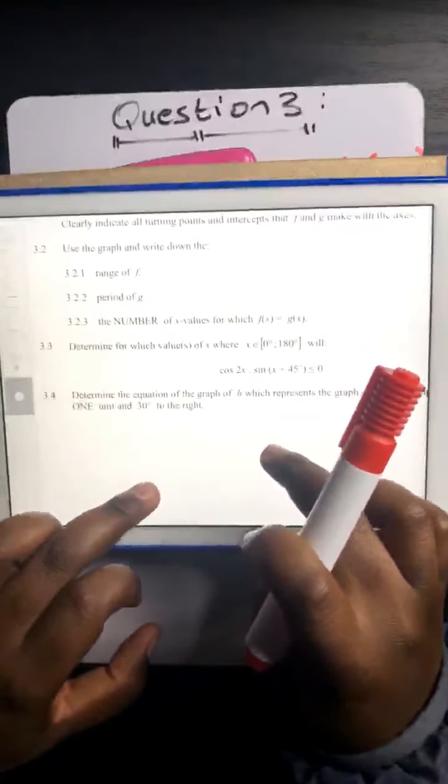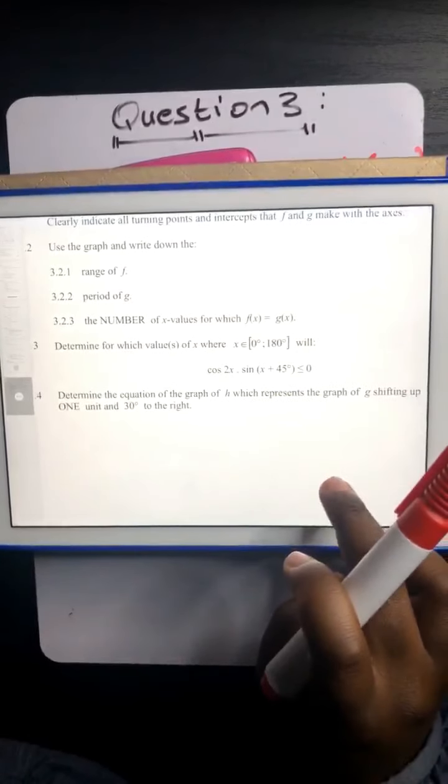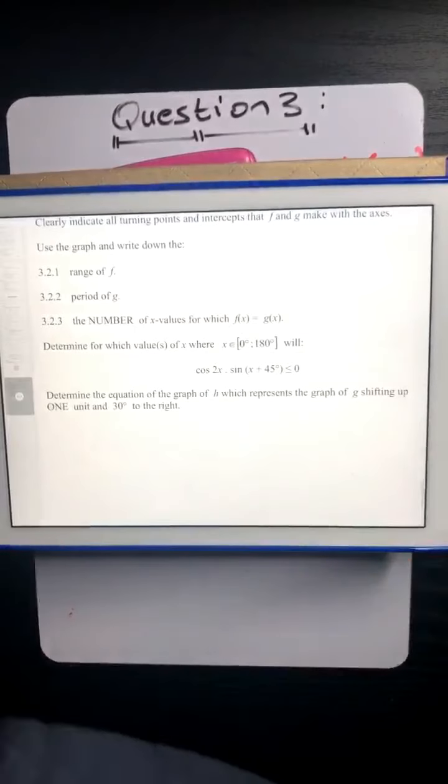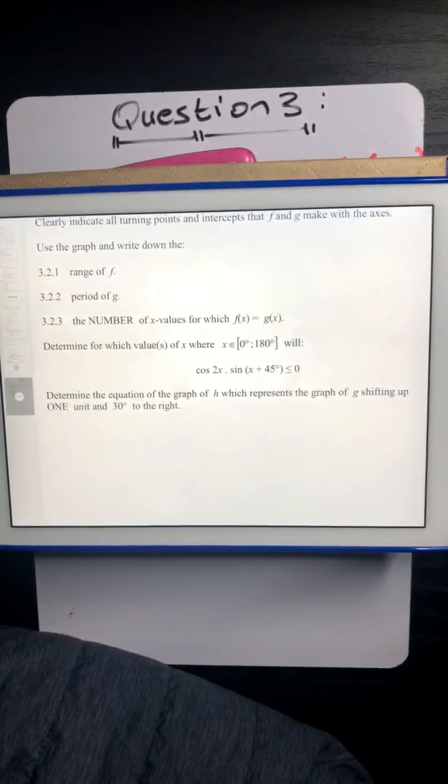It says, determine the equation of the graph of H, which represents the graph of G shifted up 1 unit and 30 degrees to the right.